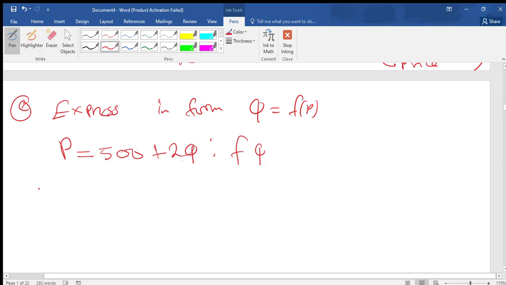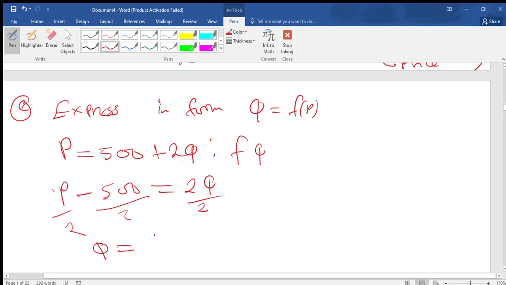So 500 goes to the other side, becomes negative 500, so P minus 500 equals 2Q. Dividing both sides by 2, the value of Q becomes 1 over 2 times P minus 500, which is just as good as 1/2 P minus 250.